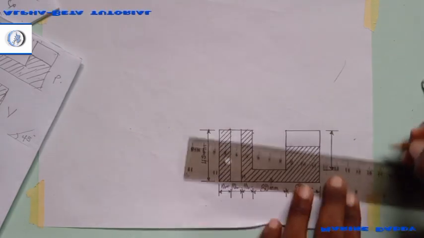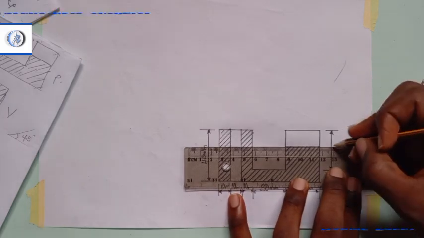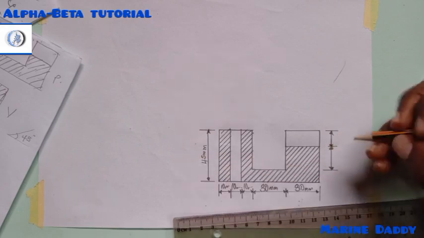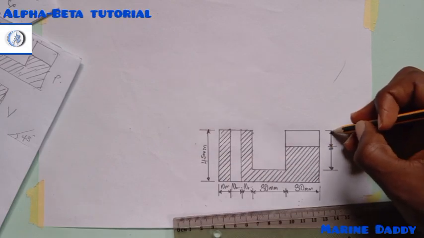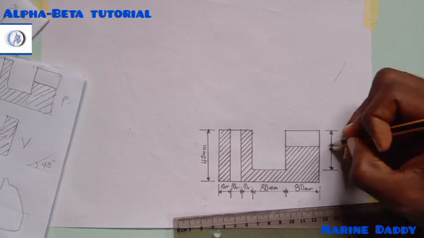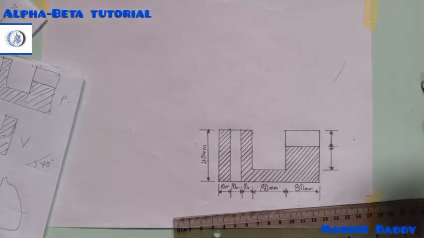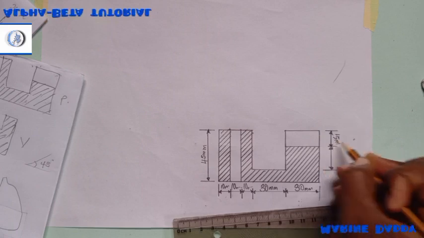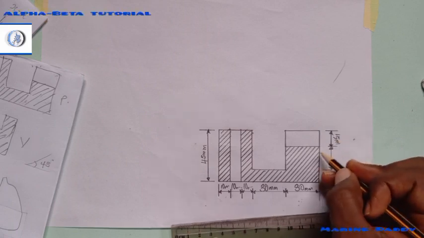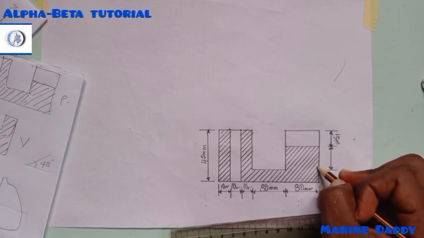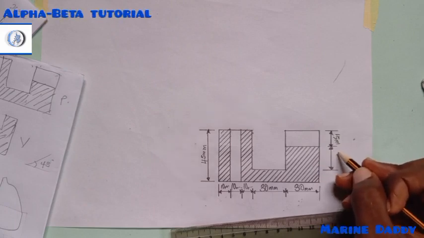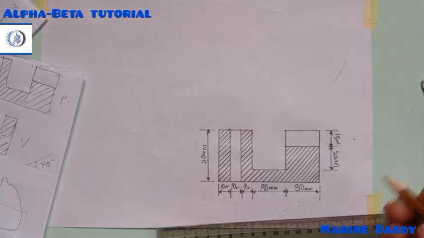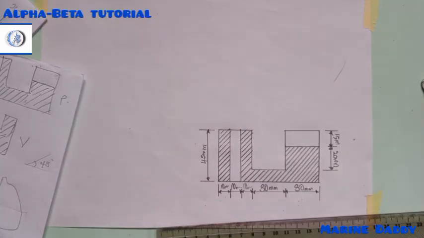I think, okay, we also have this at this side. So we have from here to here to be, how many is that? 15, abi? So we have 15 mm. Here, here to here should be how many? 20 mm. I think this is it.